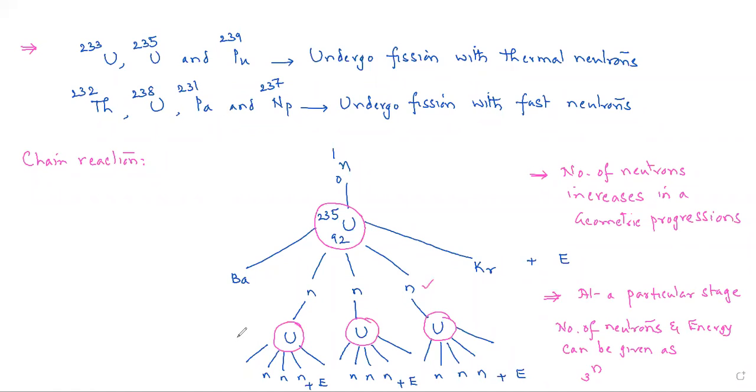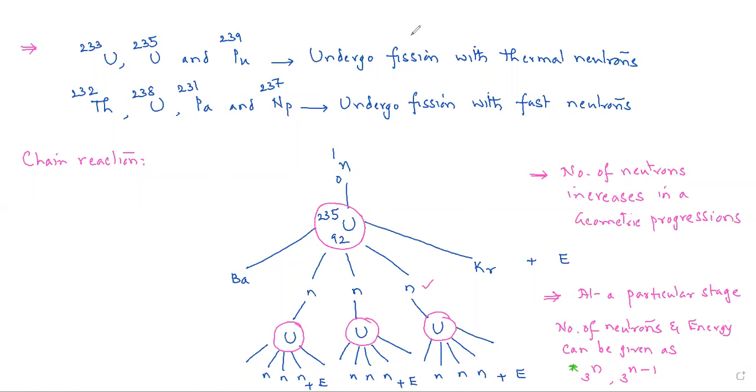Suppose in the first stage you got 3 neutrons. In the second stage you got 3 square, I mean 9 neutrons. Energy can be given as 3 power n minus 1. In the first stage it is 3 power 1 minus 1, that is 3 power 0, nothing but 1. The same way at the second stage, 3 power 2 minus 1, you got 3 energy. So this is about chain reaction.